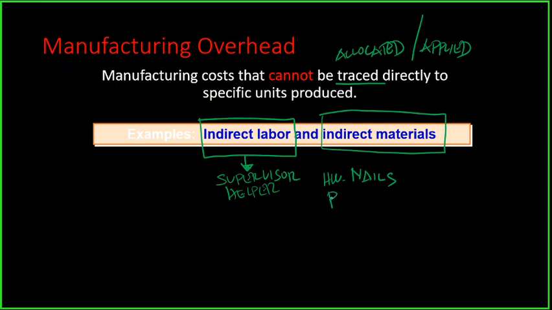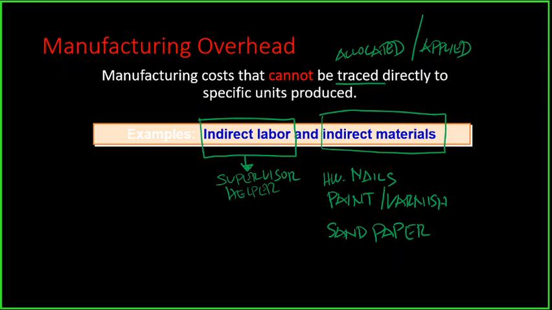You have your paint, or let's say varnish. You also have here your sandpaper, for example. So are they an integral part of the product? No, actually you can have a table without the following. It can still function. So they are materials but they are not direct materials.